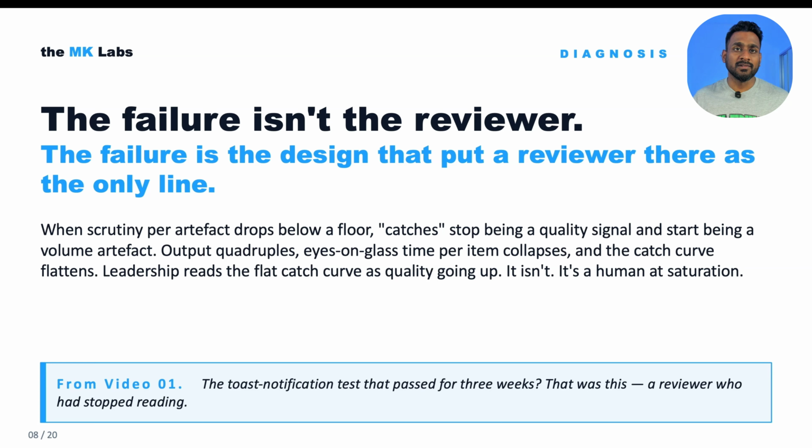And the flattened curve looks comforting until you realize it's not measuring quality, it's measuring human saturation. This is how you get the toast notification test. It passes for weeks, the process is intact, the checkbox is ticked, but the reviewer has stopped truly reading. So if your quality strategy relies on a person will notice, you have built a system that works only at low volume. AI systems do not stay low volume.